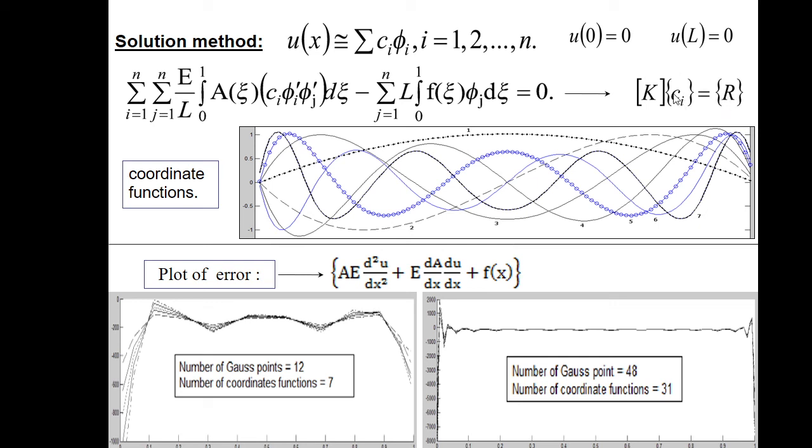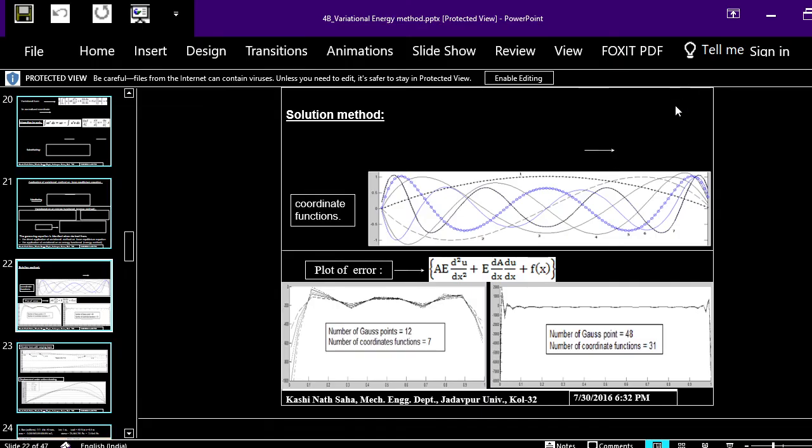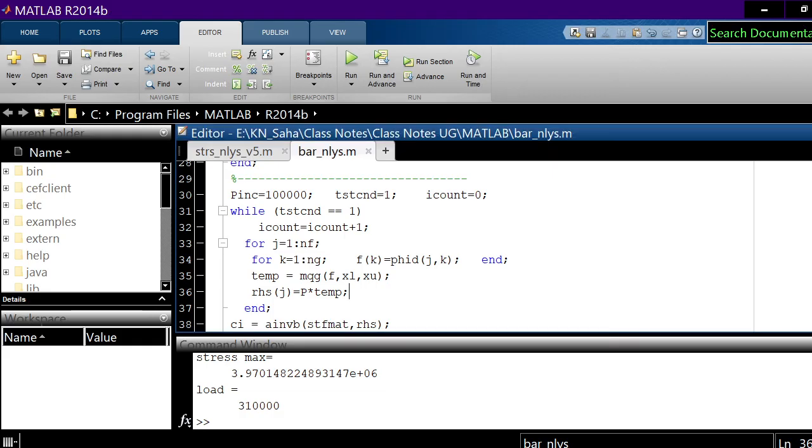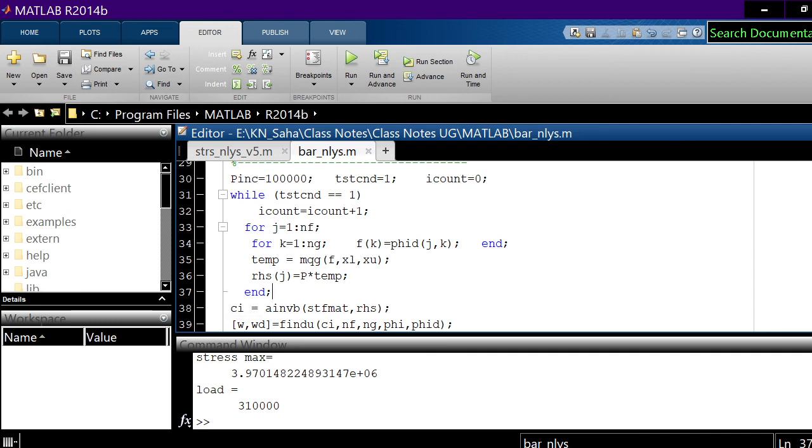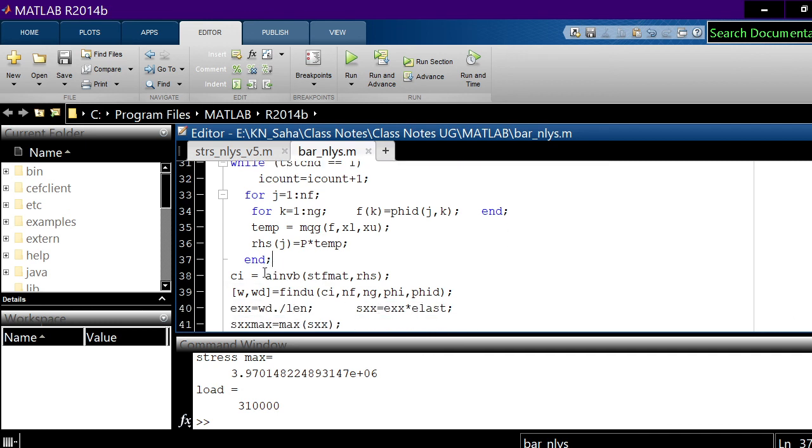So straight away it will give this vector of unknowns. So the right hand side vector is generated. This is the vector of unknowns. What is it? Inverse of the stiffness matrix and multiplication of the right hand side vector.